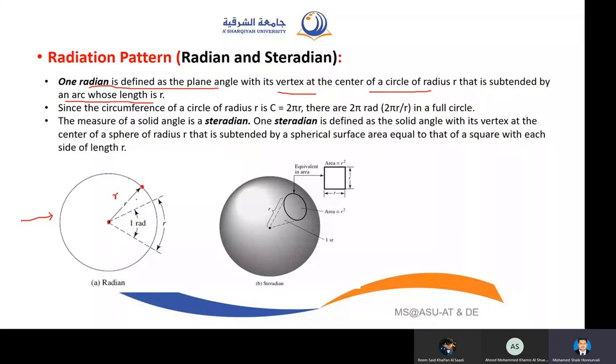The same distance, if you cut an arc, you measure that same distance on the surface of the circle. This distance we call a radian. So this is known as 1 radian, as you can see in the figure.